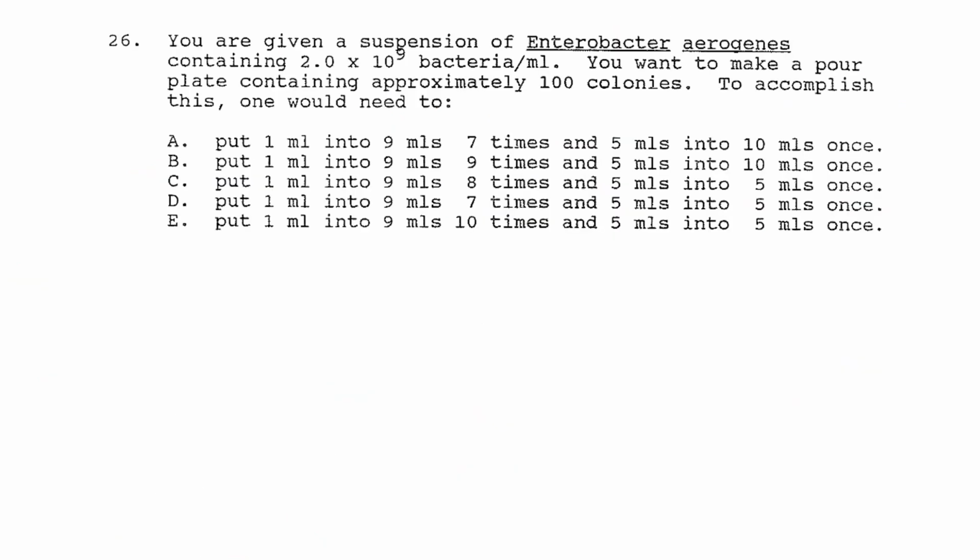Alright, so I think we're getting close to being done. Okay, so you are given 2 times 10 to the 9th bacteria per mil. You want to only get 100 colonies, right? So remember I talked to you about the dilution factor and how you can actually use it to figure this out.